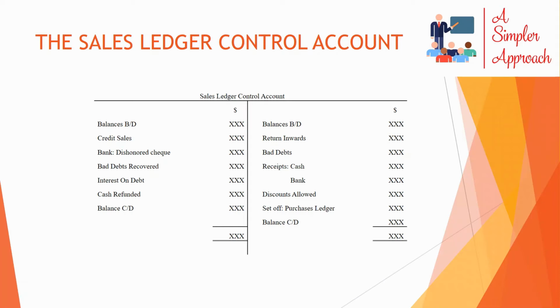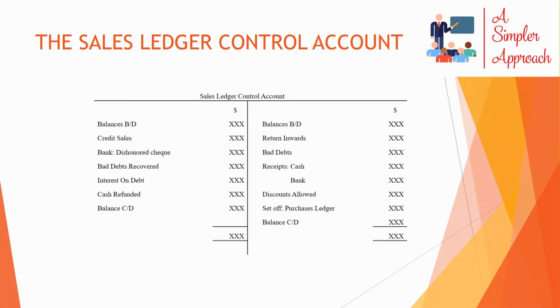Bad debts recovered are situations where bad debts, that are debts that we realize we are unable to collect from our debtors for whatever reason, as time progressed, our debtors came forward and said, hey, we are now able to pay. So having written off the bad debt, we have to reinstate it and then collect it. Now the process of recovering it is debited. That is placed on the debit side of our debtors.